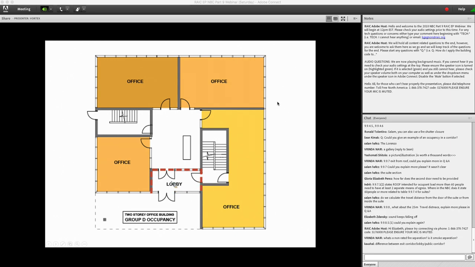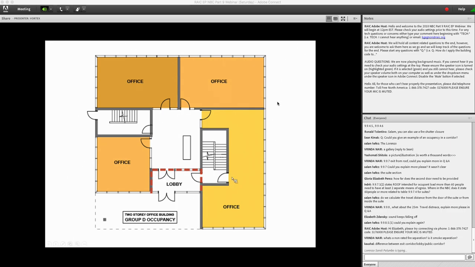So assuming this building is sprinkler protected, first of all, you are constructing the lobby similar to an exit, meaning that it would be required to be a fire separation or a barrier with a fire resistance rating.